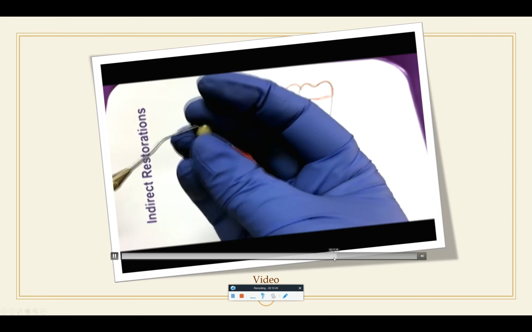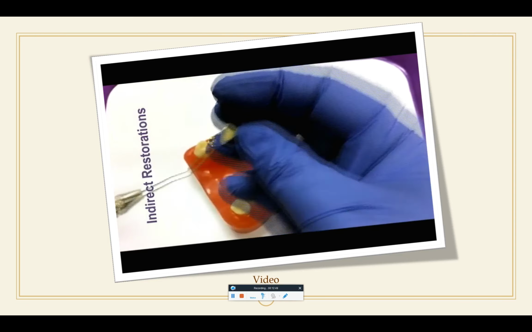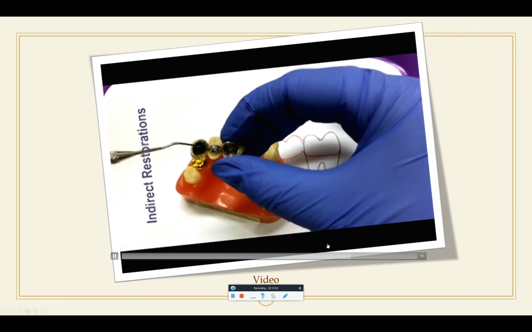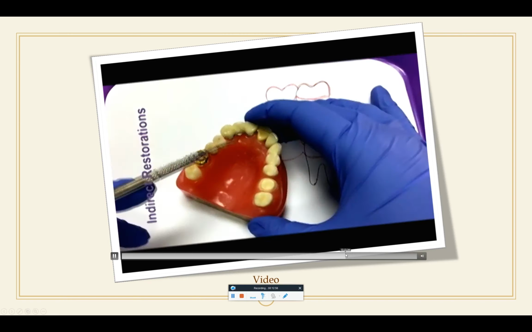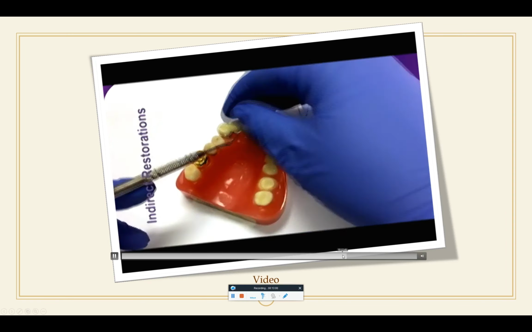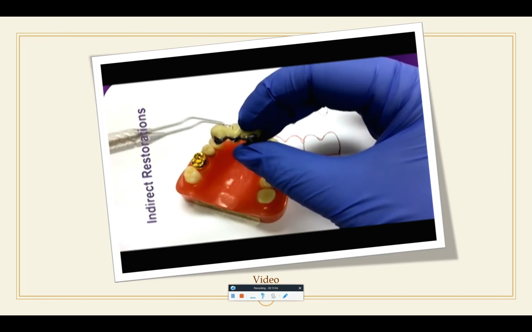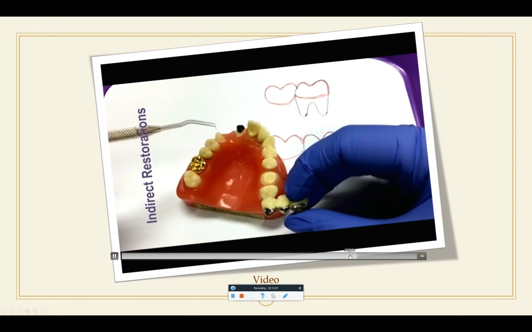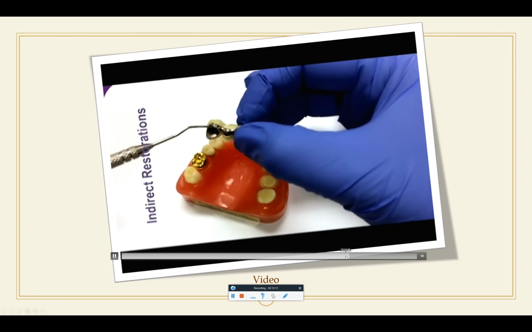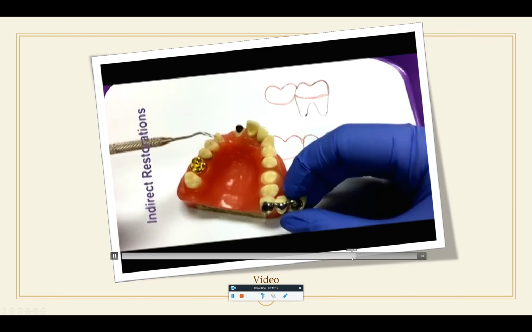Next is porcelain fused to metal. It has a metal substructure that makes it stronger, and good aesthetics because it's covered by porcelain or ceramic on all the outside surfaces.